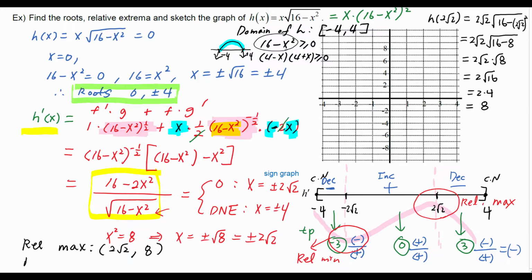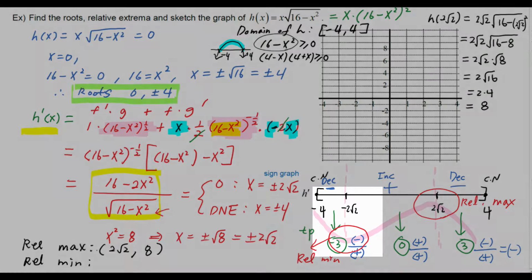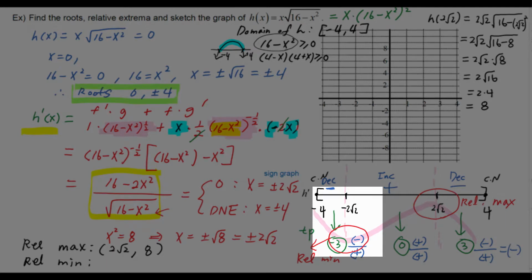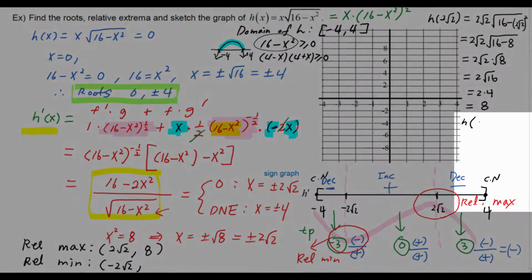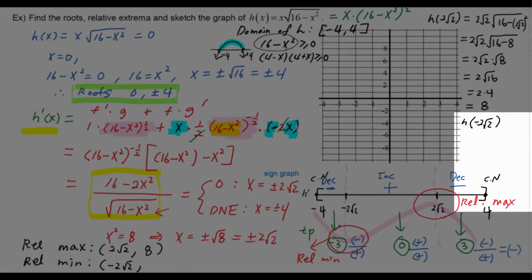And then what will be my relative minimum? My relative minimum occurs right here on my critical number, when it is -2 radical 2 comma h of -2 radical 2, which is equal to -2 radical 2 times the square root of 16 minus (-2 radical 2) squared, which is equal to -2 radical 2 times the square root of 16 minus 8, which is -2 radical 2 times radical 8, which is 2 times radical 16, which is 4.